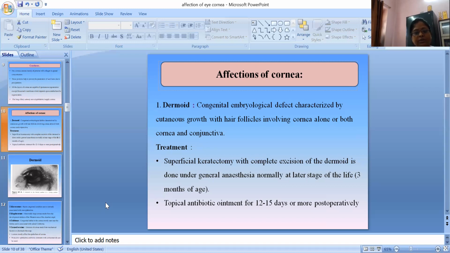Keratectomy is related to the cornea, and inflammation of the cornea is called keratitis. After keratectomy, topical antibiotic ointment for 12 to 15 days or more should be given post-operatively.